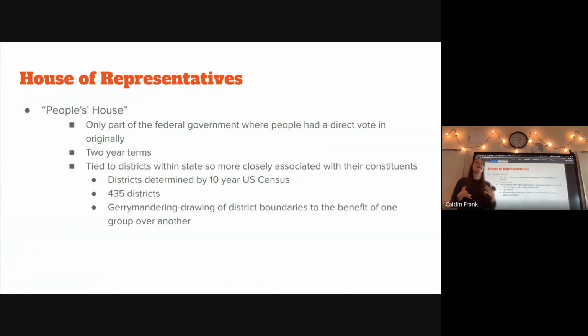So remember, we have partisan gerrymandering, which is redrawing districts to benefit one political party over another. We have racial gerrymandering, which benefits districts of one race over the other. And we're going to look at Supreme Court cases today of how the Supreme Court has ruled in terms of what is acceptable drawing of districts and what is not. So that's how we'll end the lecture. But gerrymandering goes hand in hand with the drawing of districts in the House of Representatives.